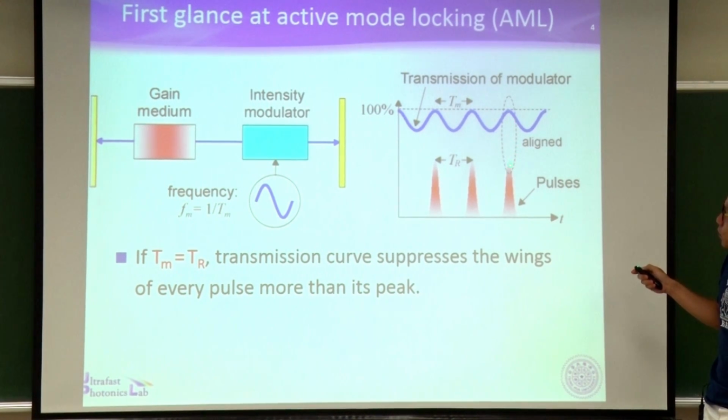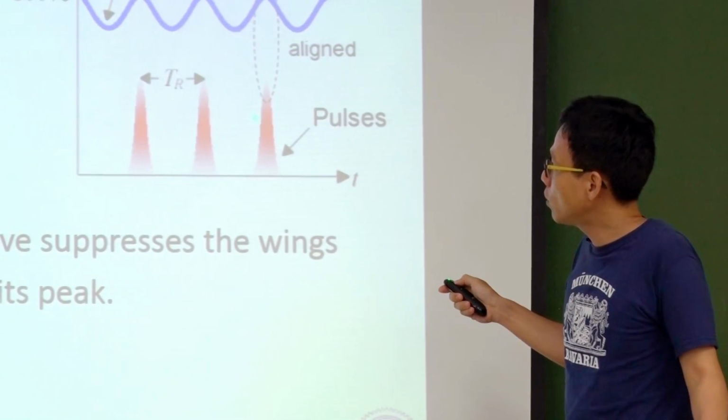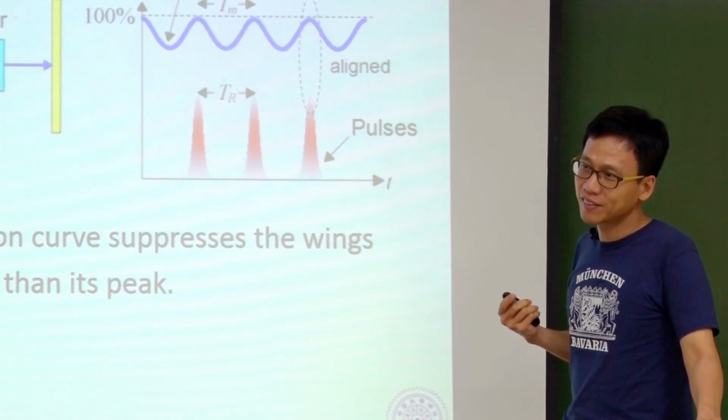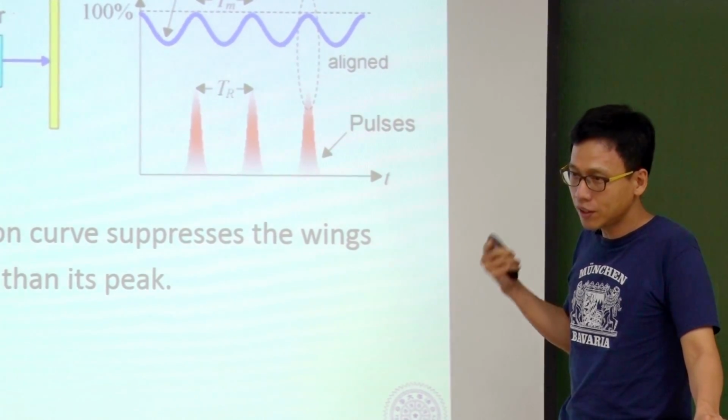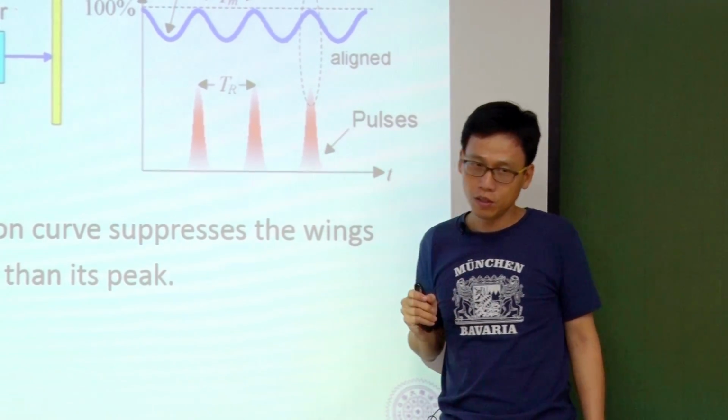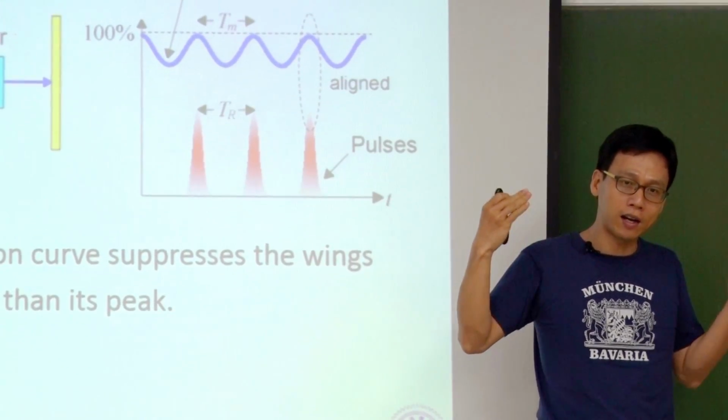See the pulse peak sees transmission peak. Your pulse wings see less transmission. Together, it means the pulse peak is preserved, while the pulse wings are cut short.